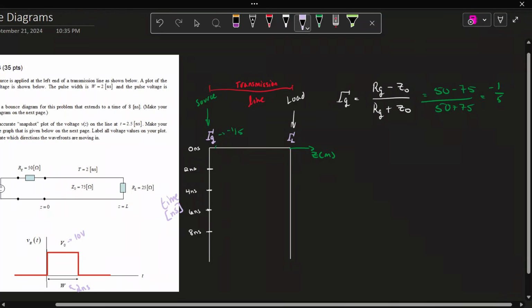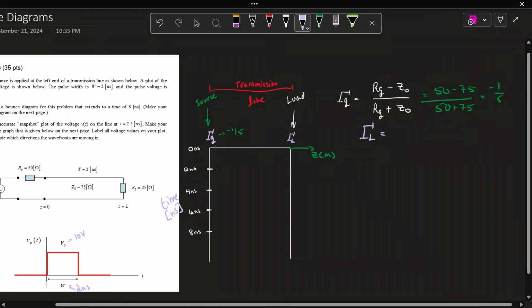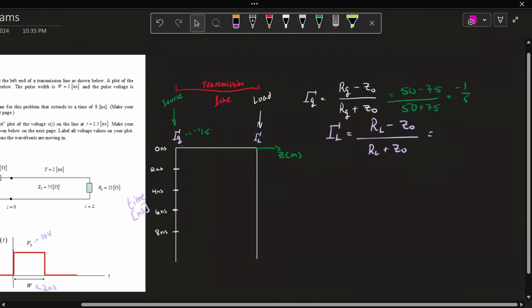What about the reflection coefficient at the load? Well, now this is going to be the exact same equation, except we trade out the source resistance with the load resistance. That should be a ZO. And again, now we use the load resistance, which is 25 minus 75 over 25 plus 75.